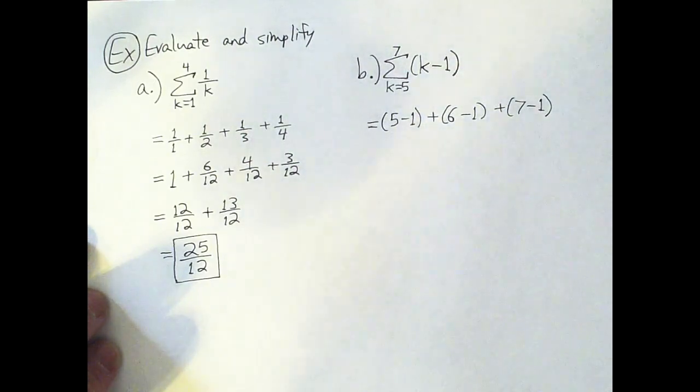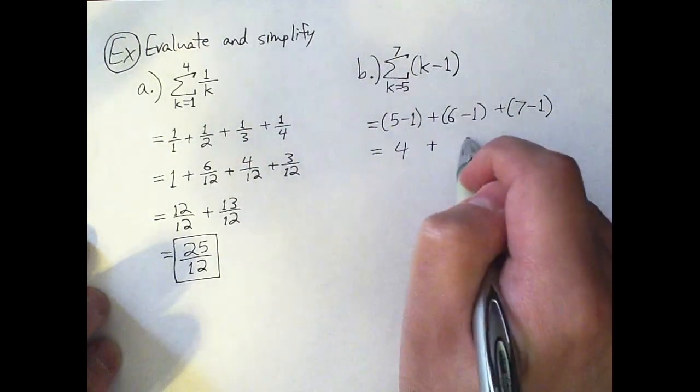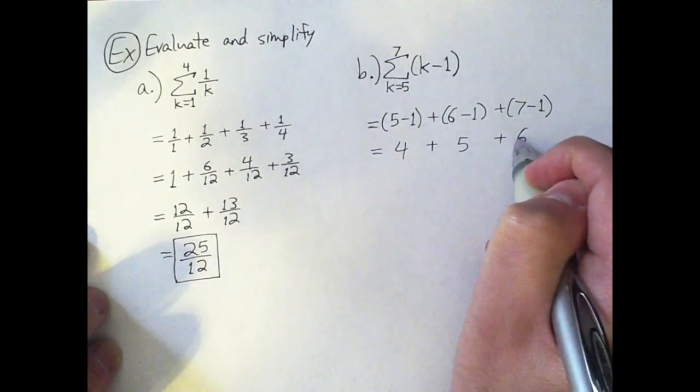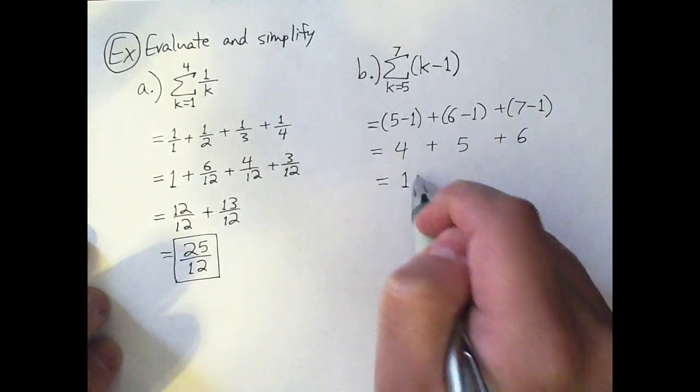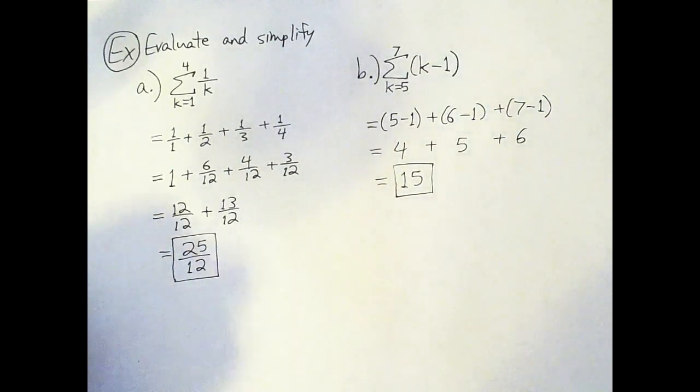Stop. And we figure out whatever this equals. I guess this is 4 plus 5 plus 6. So I guess this is 15. All right, so that's the type of problem that I'm talking about. Just small sums using sigma notation for us to get comfortable with this notation.